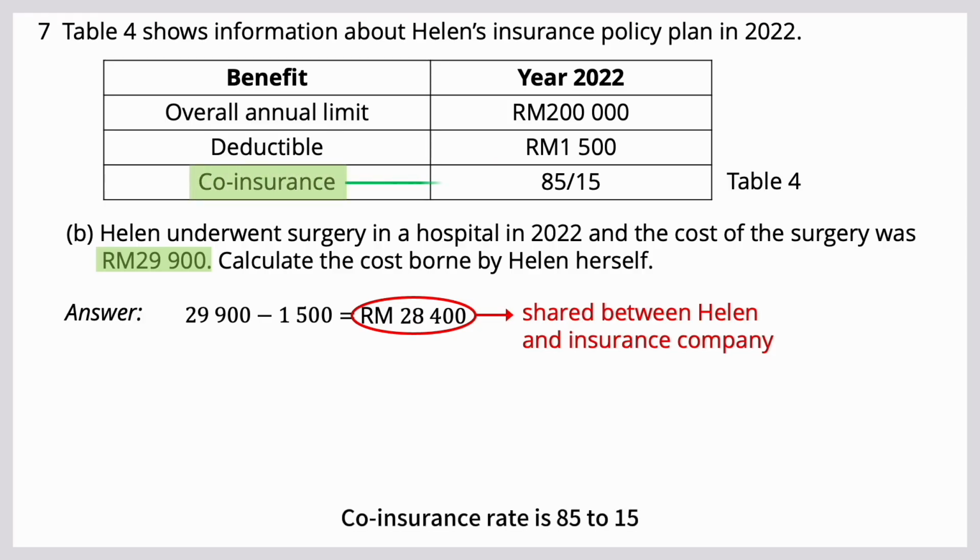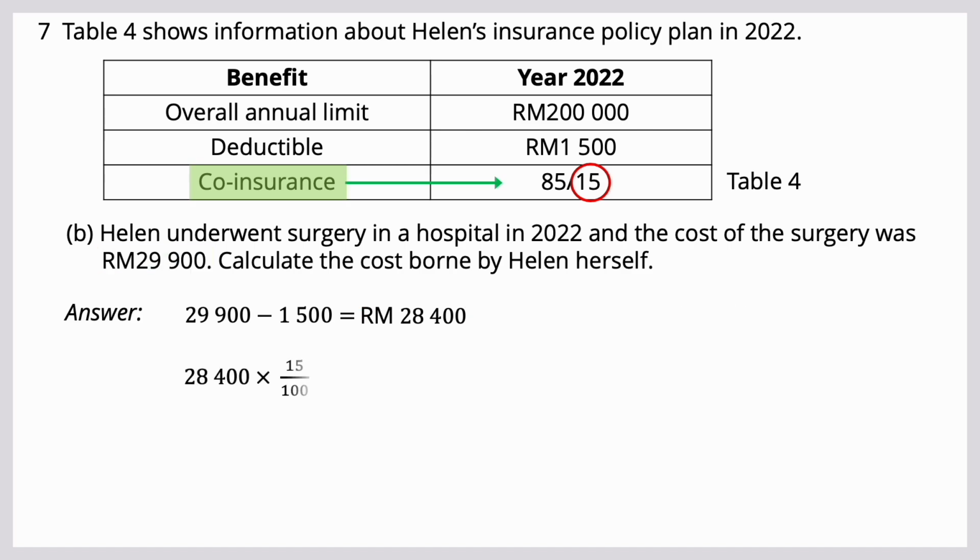Co-insurance rate is 85/15. Insurance company pays 85% of 28,400 ringgit Malaysia. Helen pays 15% of 28,400 ringgit Malaysia. Calculate Helen's share. 28,400 times 15% equals 4,260 ringgit Malaysia.